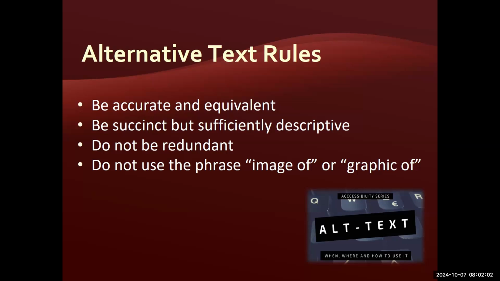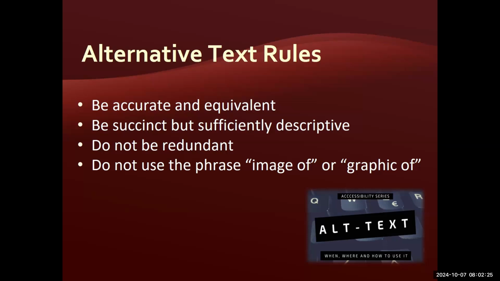Also, please remember that it is not appropriate to use the file name of the image for your alternative text. Many times I see lighthouse.jpg, right, for JPEG, but that doesn't convey to the user what that is, or module1 image.gif, right?